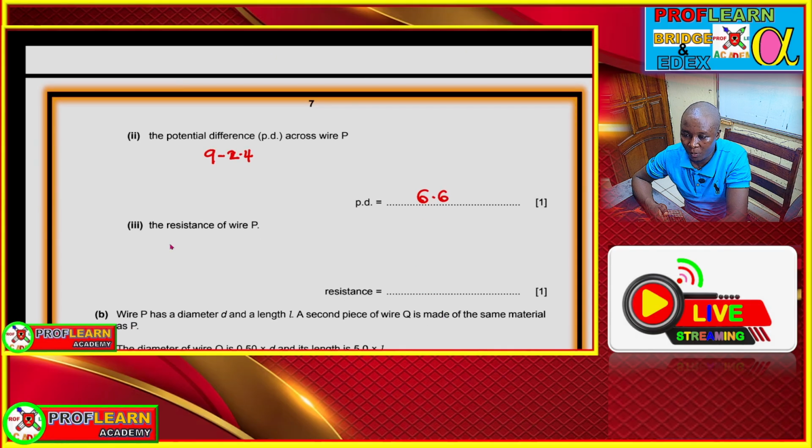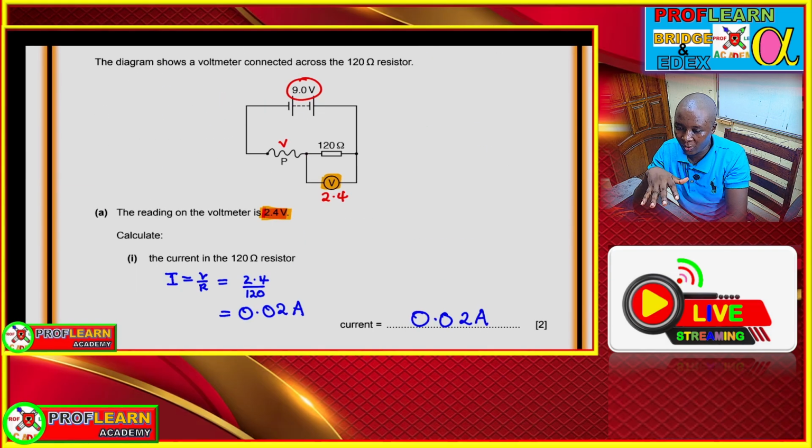Resistance of P will be voltage over current. Of voltage, of course, we have 6.6, and now we need the current. But we have already gotten the current across the 120 ohm resistor, and this is basically a series circuit, so current is the same everywhere.